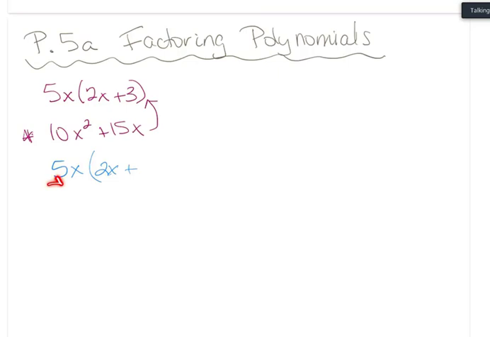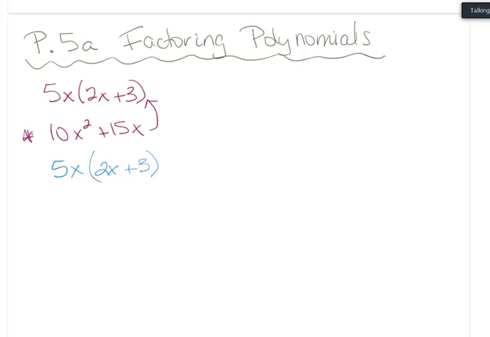I'm at 5, but I need to get to 15, so I got to multiply by 3. I'm at x, and I need to get to x, so I don't need to multiply by anything else, because I already got my little 3 there. Then I can close my parentheses. And I'm right back where I started from. Not too bad.